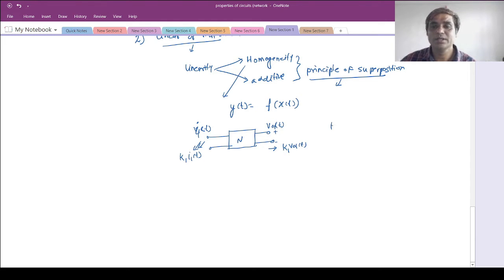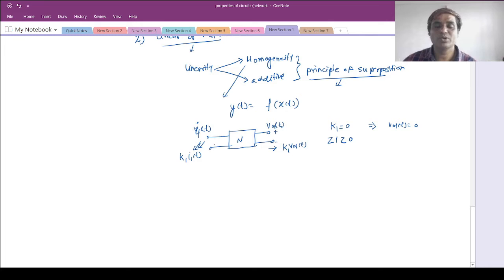Now when K1 is 0, the output response is 0, meaning VO1 of t will also be 0. It means that zero input should give zero output for the linear case. So that is also one of the properties. Based on homogeneity we can declare zero input, zero output.